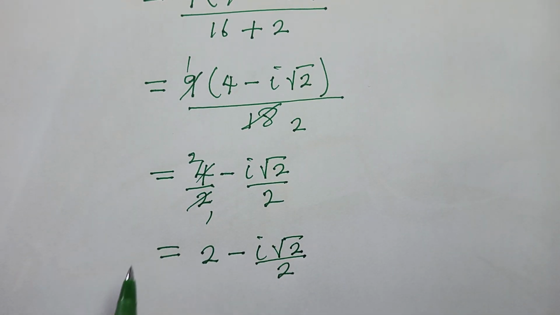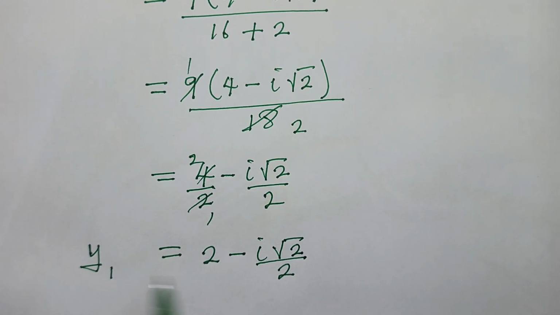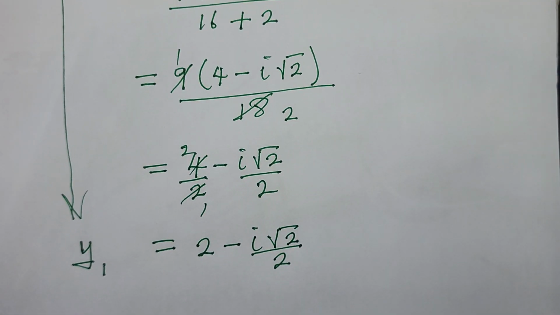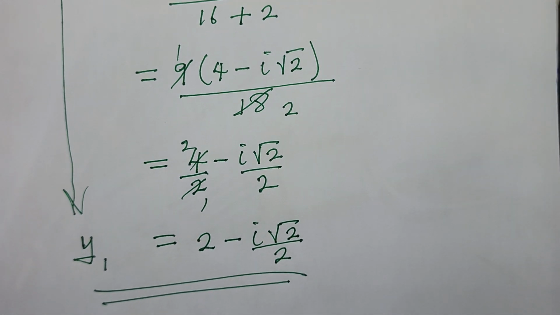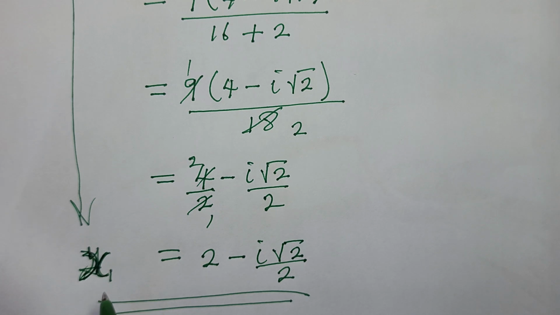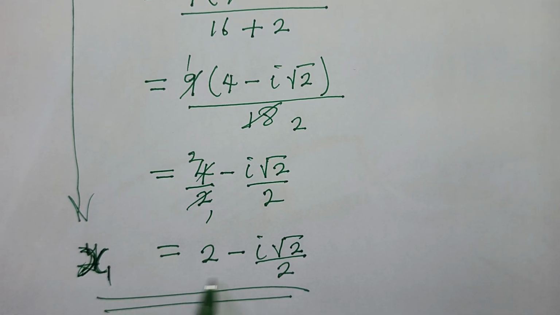So again, mind you, we have our y1 here. So let's draw our y1 down to this side. So we have our y1 is equal to this. Sorry, this is our x1. Rather, we've already solved our y1. So this is our x1.